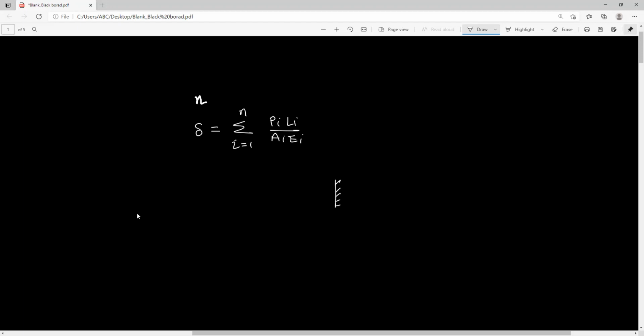In this figure, I am showing one example where we are required to determine the deflection of the bar. Let's say the bar has ends A and B, and it is required to calculate the deflection under the external axial loads, and at different locations there are axial loads acting.